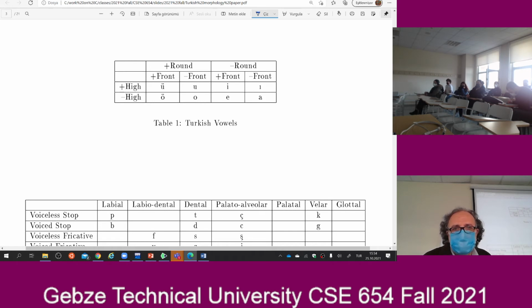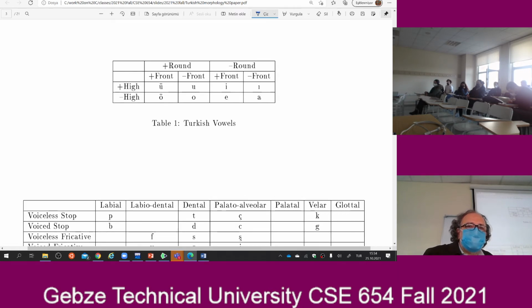These are the Turkish vowels, and according to the roundness of your lips, these are the round vowels and the non-round vowels.